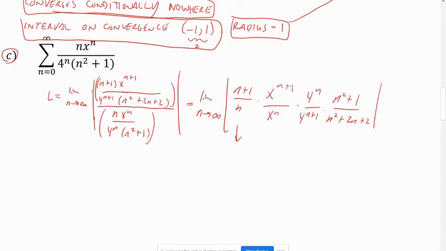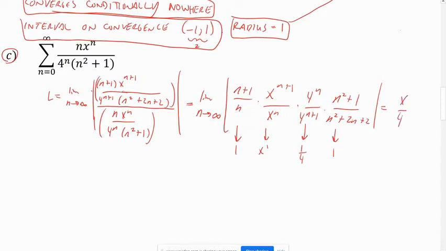As n approaches infinity, this is going to approach 1. This is going to be x to the first power. This is going to be 1 over 4. And this is going to approach 1. So we just end up with L equals x over 4.